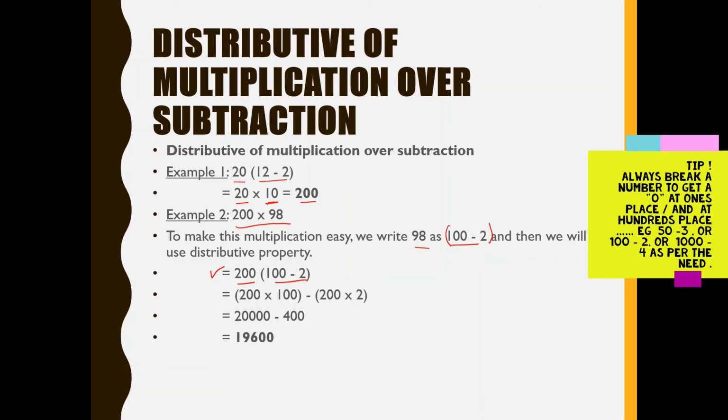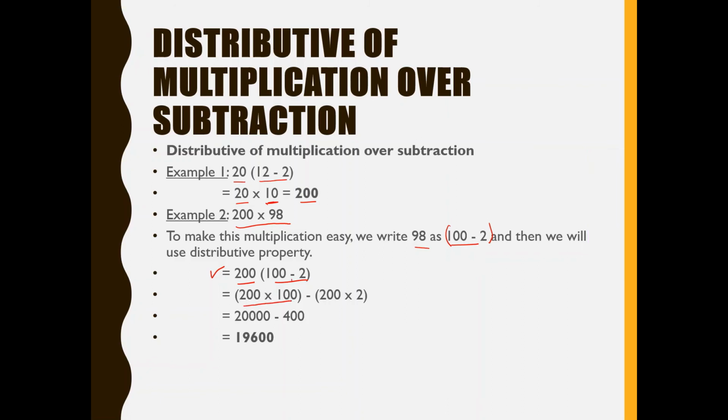When I solve it, it gives me 200 into 100, and then you have to subtract because there's a minus sign there. I bring it down, and then it gives me 200 into 2. When I solve it, it becomes 20,000 minus 400, and the final answer is 19,600. So we will be doing many questions using this distributive property so that you learn it by heart and can make your calculations easy.